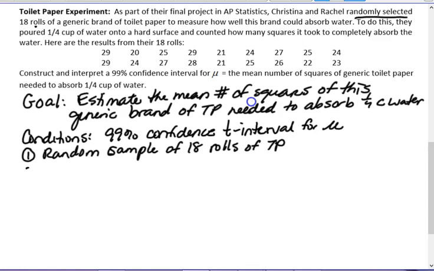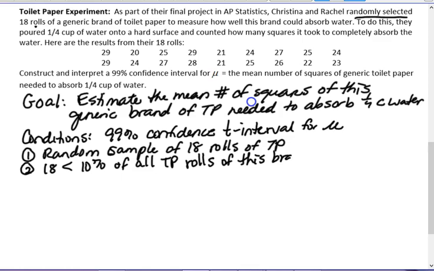Okay, number two, we know that 18 is less than 10% of all TP rolls of this brand. Number three, we don't know anything about the original population shape, and 18 is less than 30, so we have to make a graph of this. So I'm going to go to my calculator.